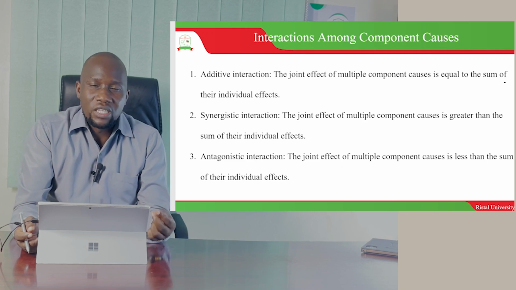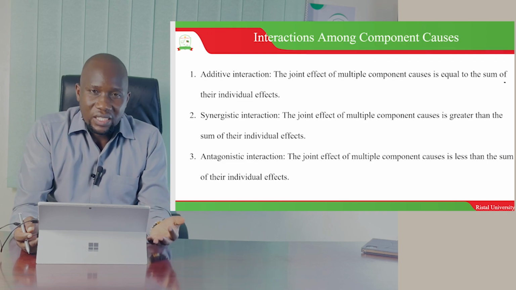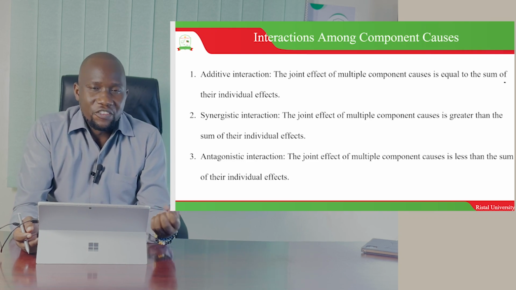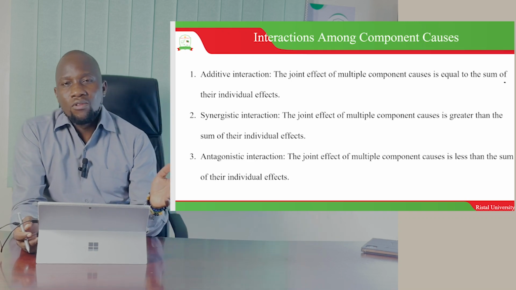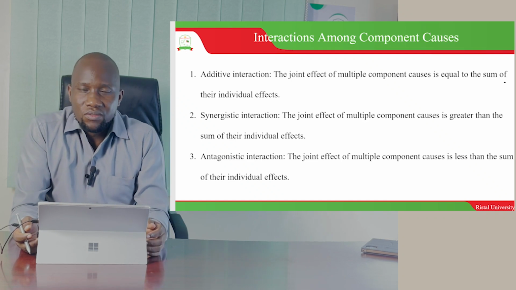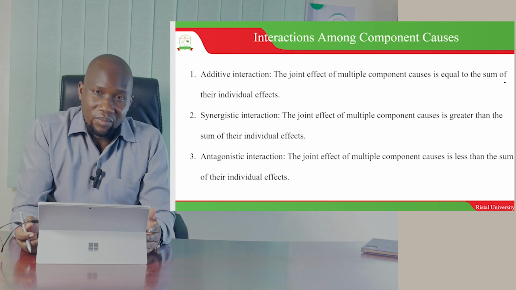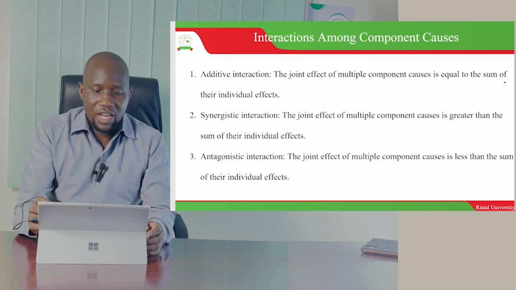Taking food that contains a lot of salt, not exercising enough, and genetic predisposition can all contribute to hypertension. But you can also have factors that are very protective. For example, you can have an individual who has the opposite of what we have talked about, or some of them.